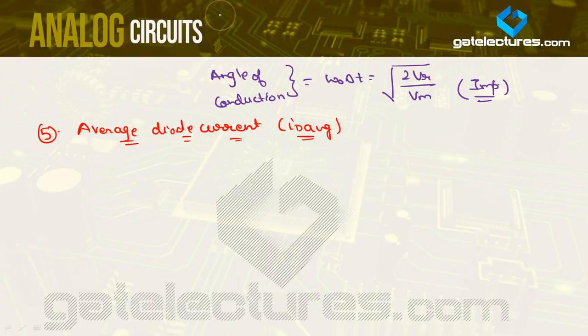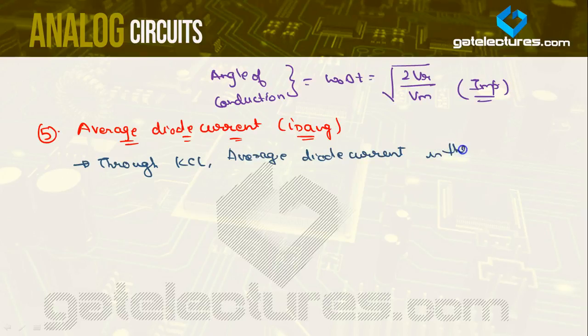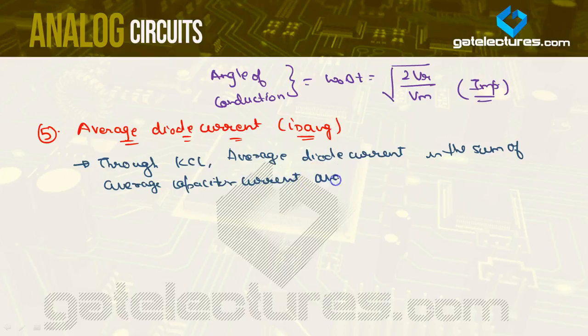So if we apply KCL, Kirchhoff's current law, at that node, the average diode current is the sum of the average capacitor current and the average load current.